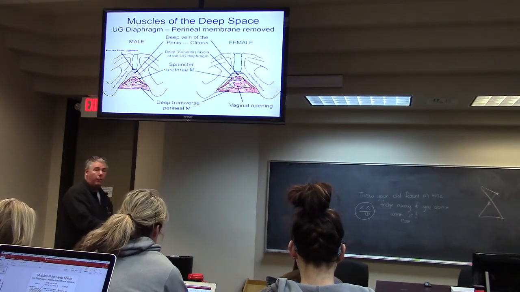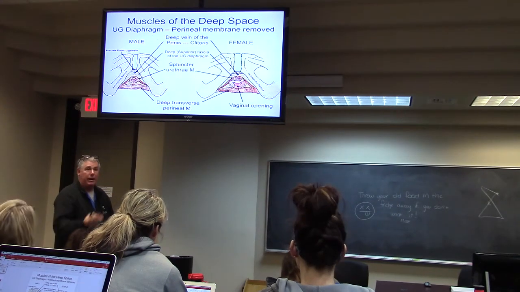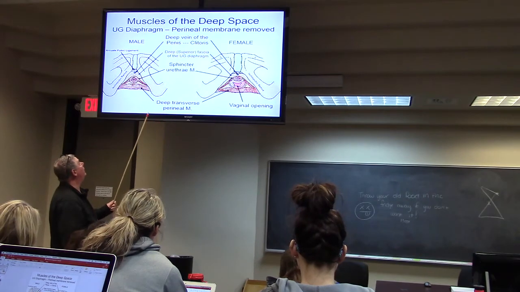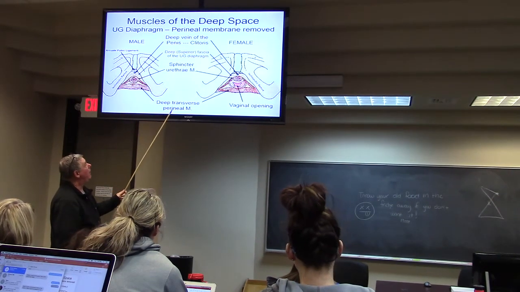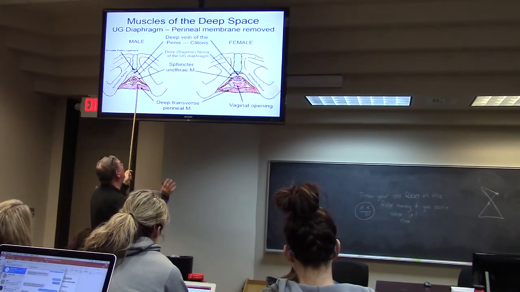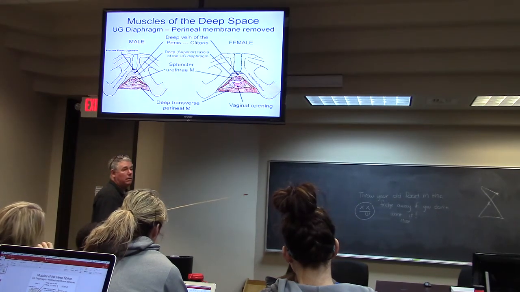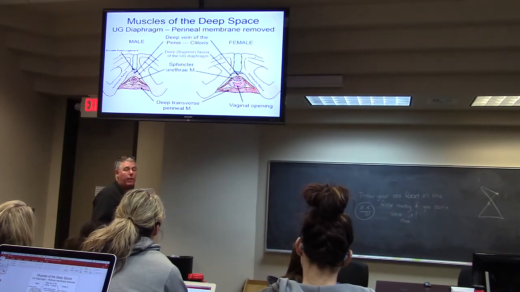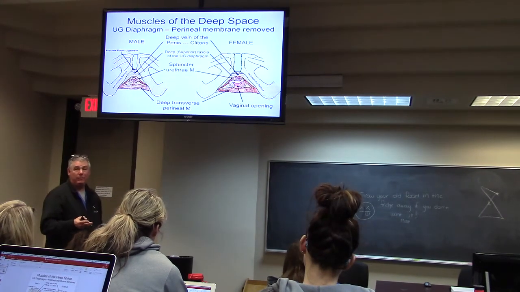So if we remove all of the erectile tissue and get down to the level of the UG diaphragm, this is what it looks like. Very, very simple here. The deep transverse perineus muscle, we've removed the membrane and everything here. This is all you have left. Now there is a gap up here at the top that can transmit vessels, particularly a large vein.